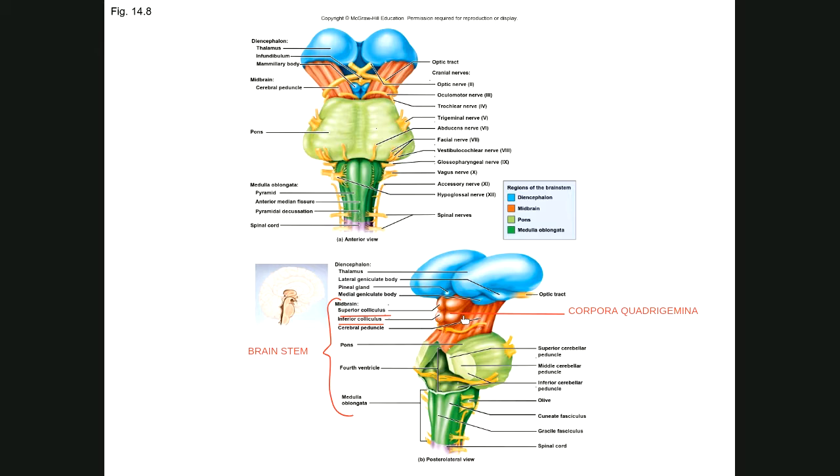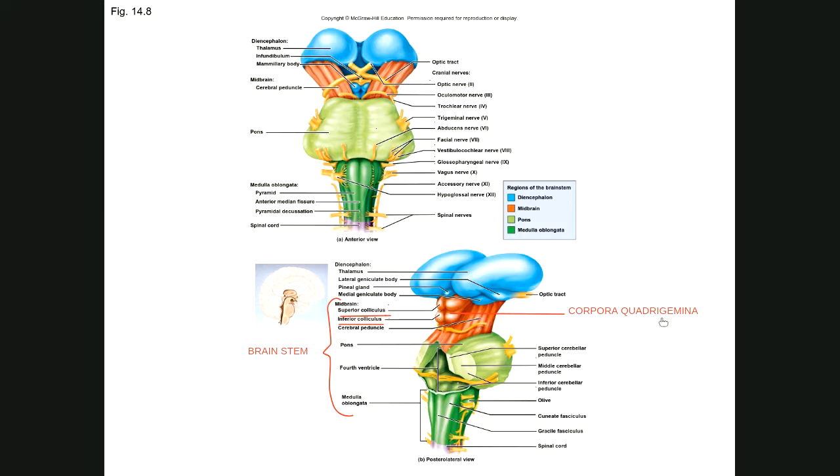Okay, so there, one important thing that we have here in the midbrain is these bumps there that are called colliculi, and what they're associated with is the reflexes of these fine senses, like visual and auditory reflexes. Okay, and that's found there within these bumps of the corpora quadrigemina.